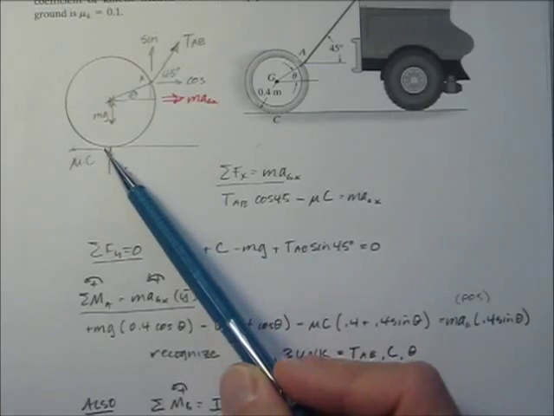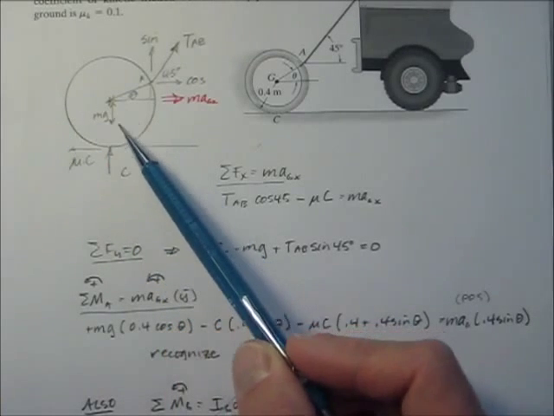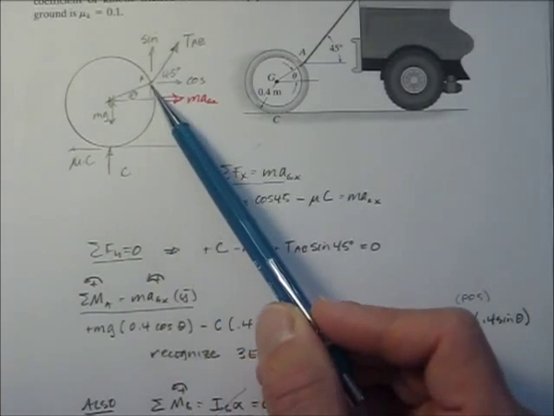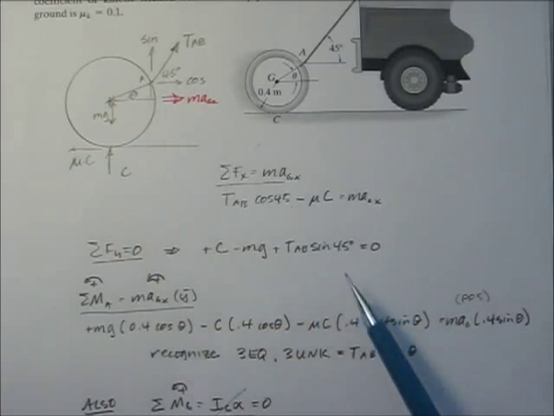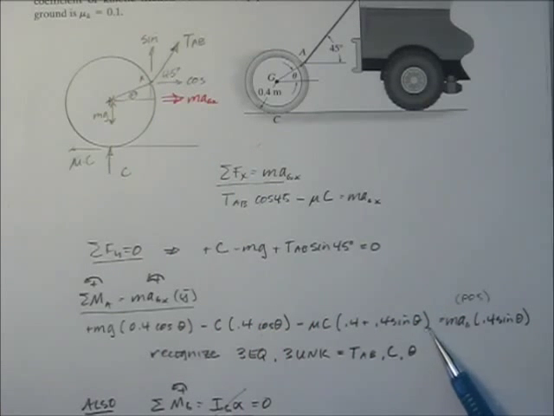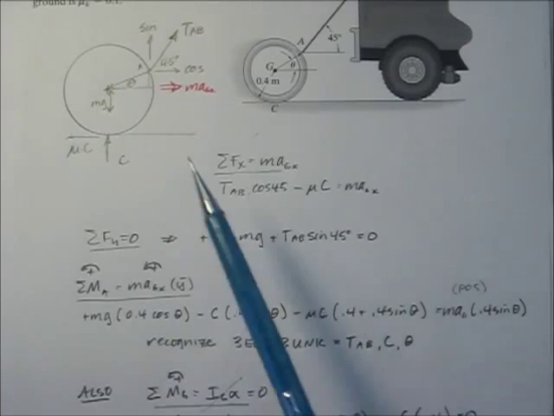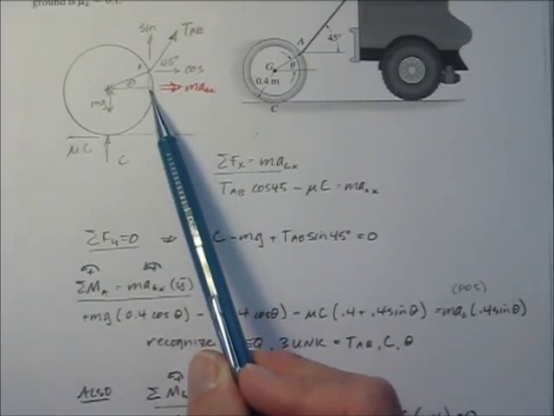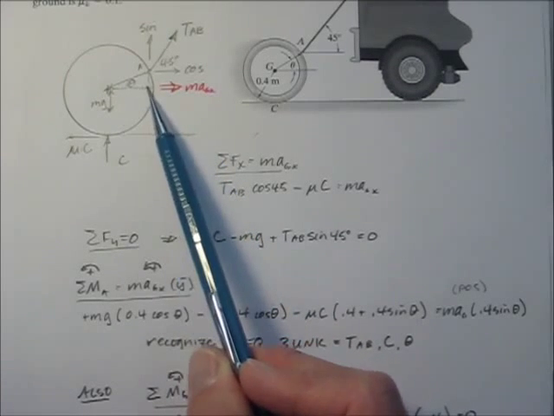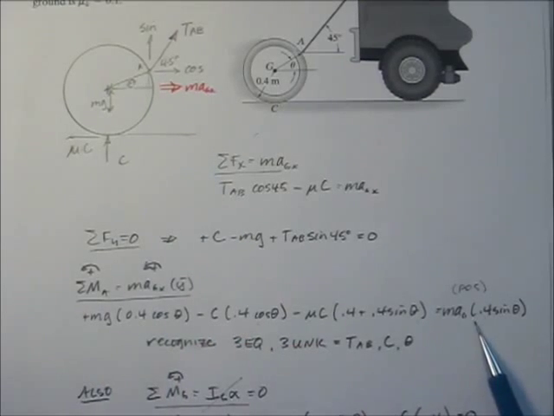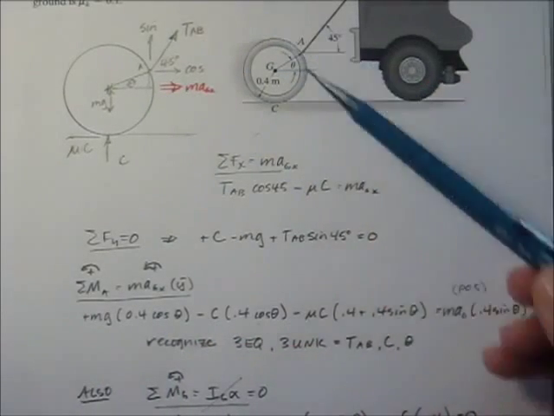Minus mu c. Now mu c is going in this direction, and it's got this lever arm, r plus this little r sine theta. So those are on that side of the equation. That's going to be equal to what happens on this side, which is my mass times acceleration vector, with the 0.4 sine theta lever arm. Again, it's going in the positive direction.